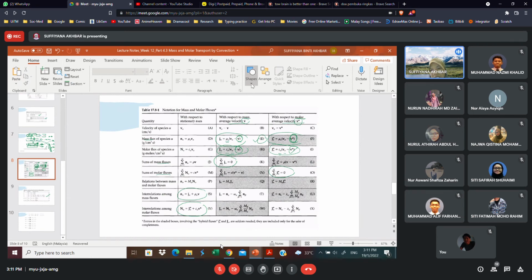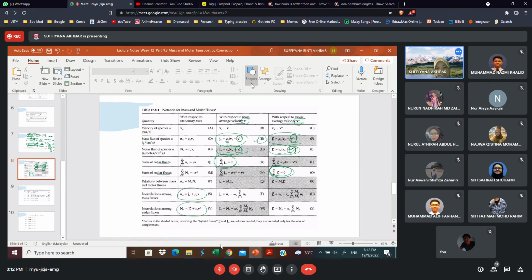So daripada density here, dia guna apa? C. Okay, so respect to the mass average velocity. This one respect to the molar average velocity, V star. Okay. And then also sum of mass flux is equal to 0. Tadi I dah buktikan. And then sum of molar flux is also 0.